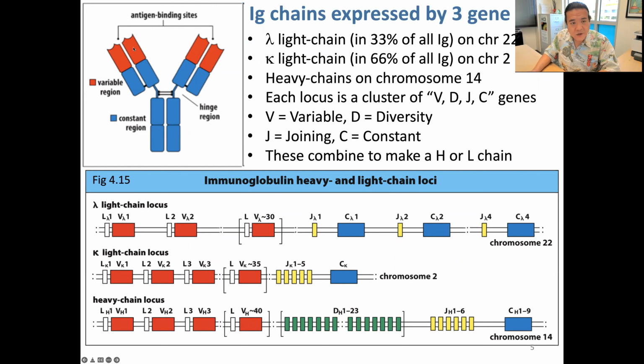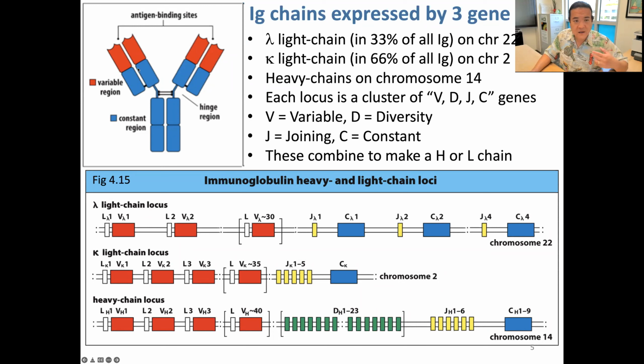These heavy chains and light chains, we have different variations of them. The light chains are either lambda light chains. About 33% of all the immunoglobulins you make use lambda light chains that are coded for by chromosome 22.